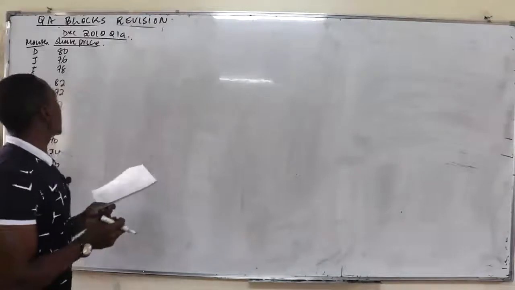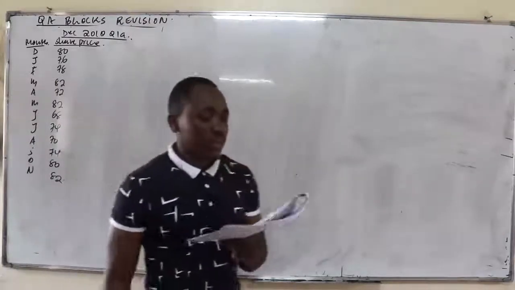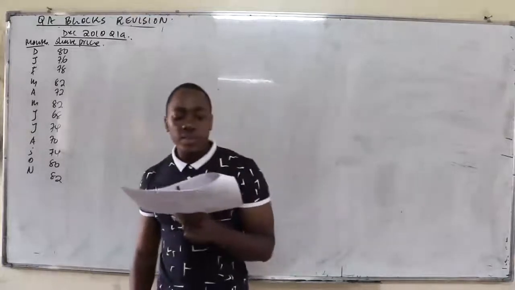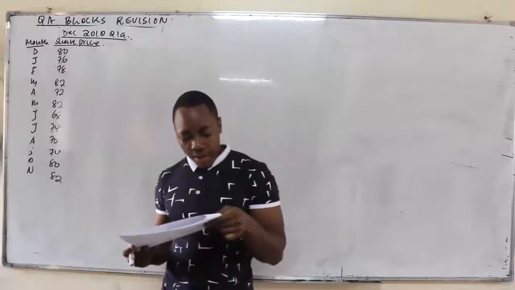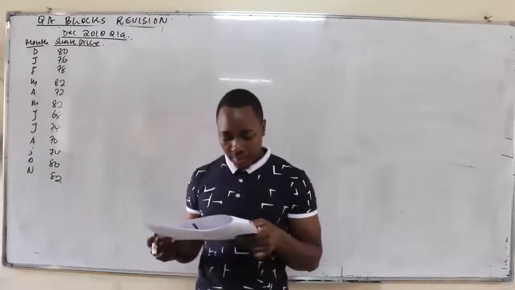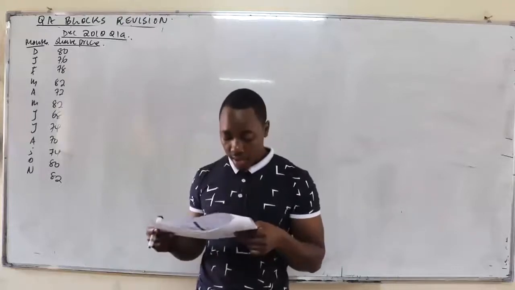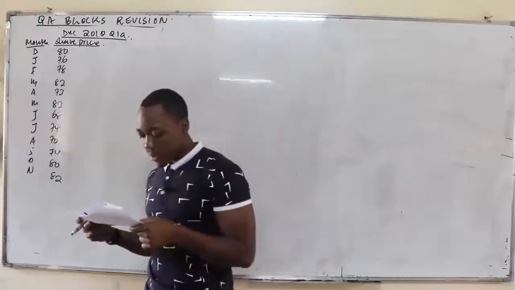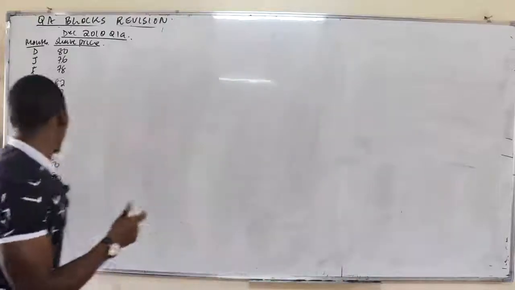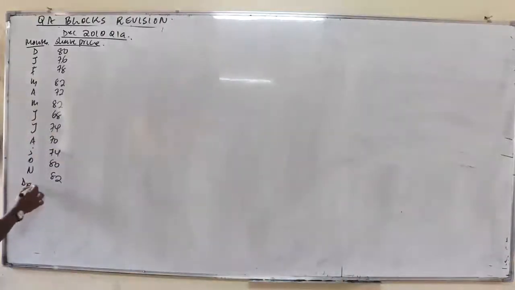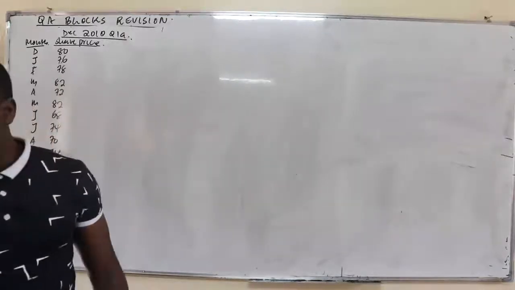You're told that the data below shows the monthly share price of Exert Limited for the year ended 30th November 2010. So we have the months and we have the share price. The share price forecast for the month of December 2010, that's what's required. We need to forecast for December using exponential smoothing, a smoothing constant of 0.3.